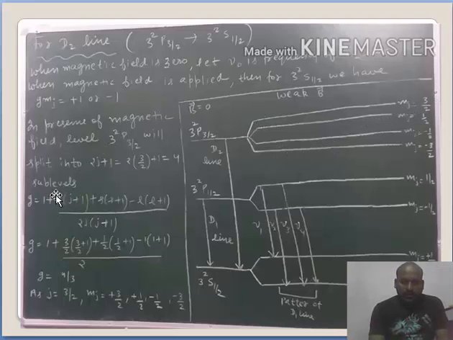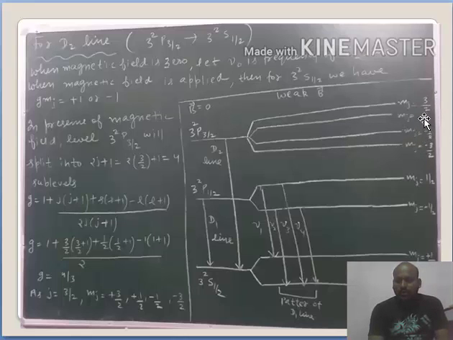So the g value is obtained by putting the values of J, S and L, and these are the possible magnetic quantum numbers: +3/2, +1/2, -1/2, -3/2. The plus values are always taken in the upper line, and the negative values always in the lower line.